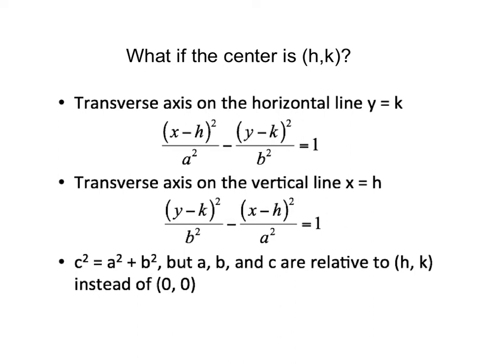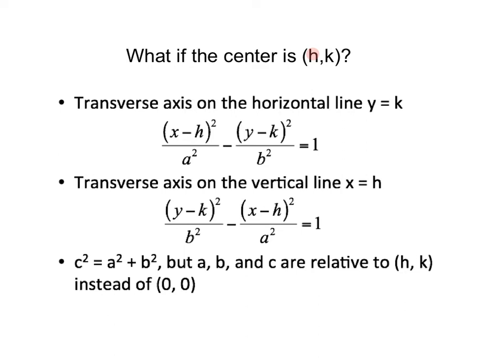If we want our center to be at (h, k), that means we moved it h either right or left. And so we need to find wherever x is in our equation of our hyperbola, and that could be either as the first term or the second term, depending on whether the hyperbola opens side to side versus up and down.